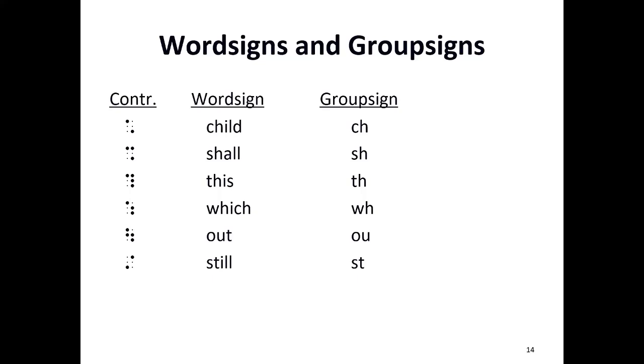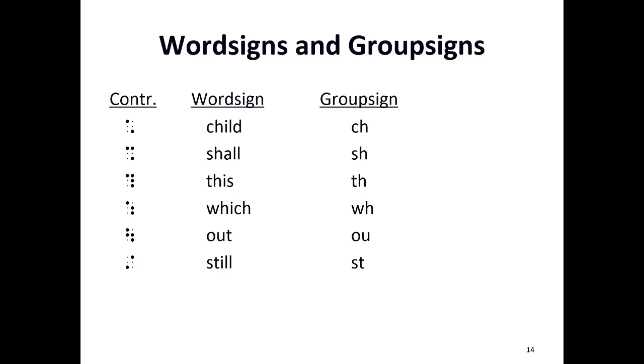Another category of contractions is they can function as either word signs or group signs. Word sign means that they're going to be a whole word, and group sign means they're just going to be a group of letters. So the first one, the contraction is dots 1 and 6. All by itself, if there are spaces on either side, it's going to stand for an entire word, child.